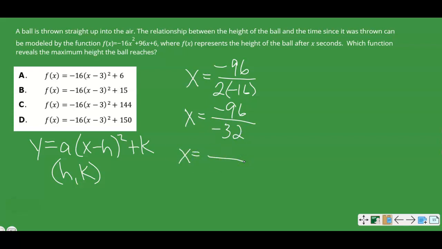Negative 96 divided by negative 32 is positive 3. So x is 3.